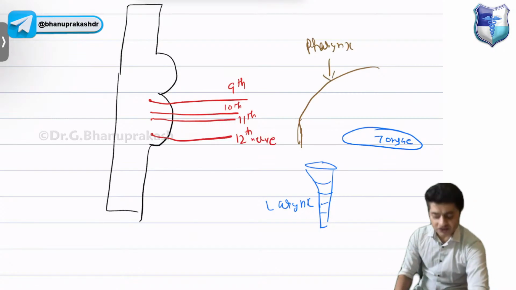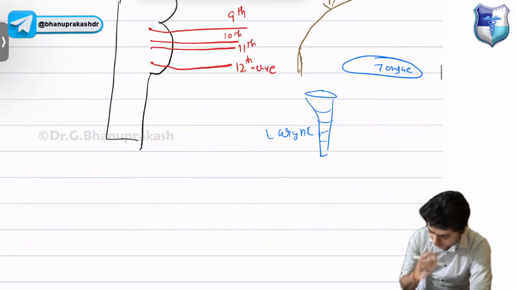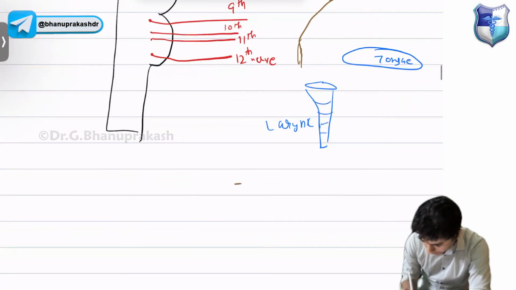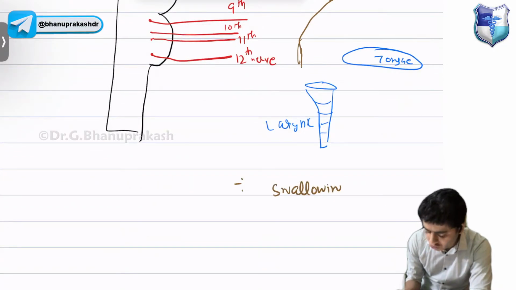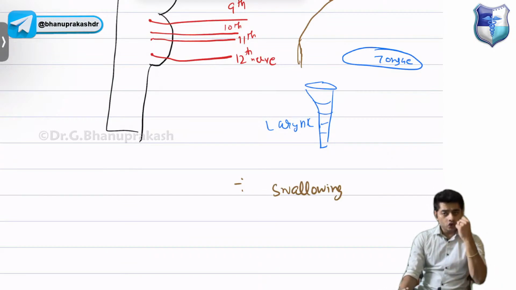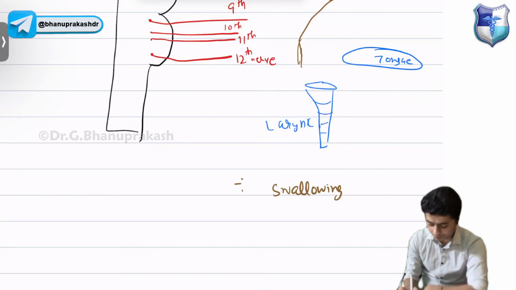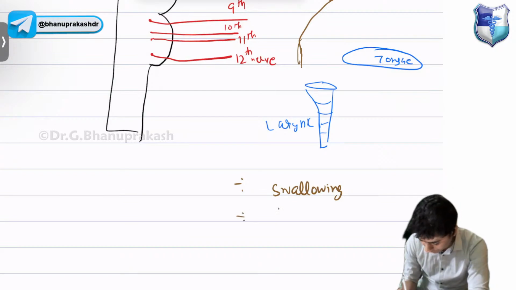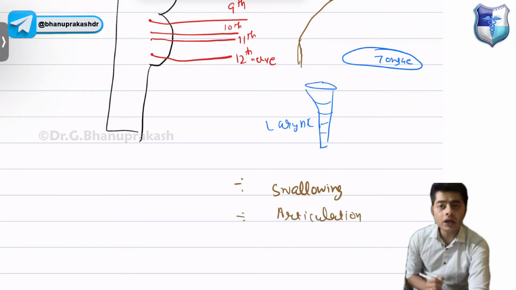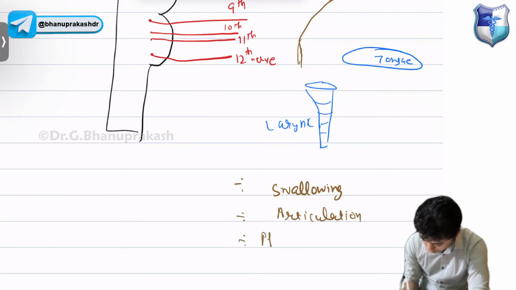They all are supplying these structures, and they are used for swallowing, because you swallow with the help of tongue and soft palate, so they help in swallowing also, and they help in articulation also. They help in phonation also.